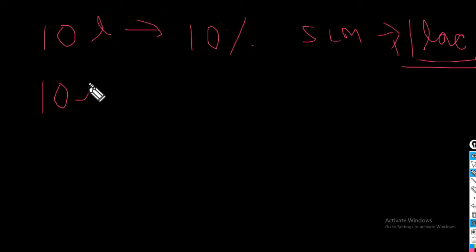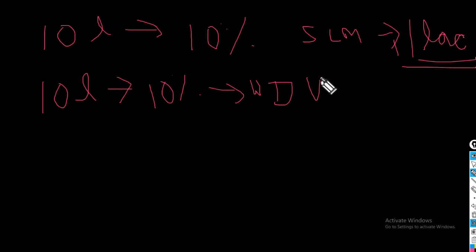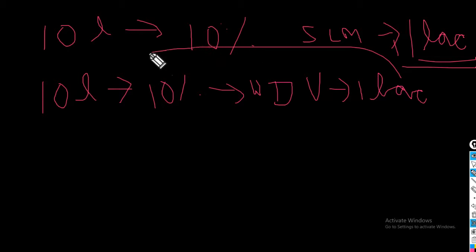Now let's see what the WDV method is. 10% at WDV. In the first year the depreciation will be 1 lakh on the value of 10 lakh.